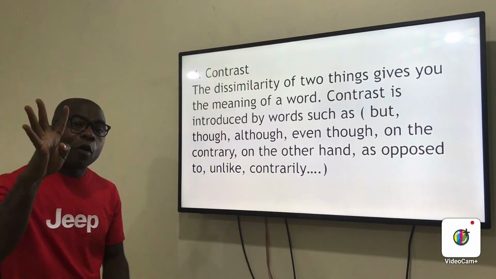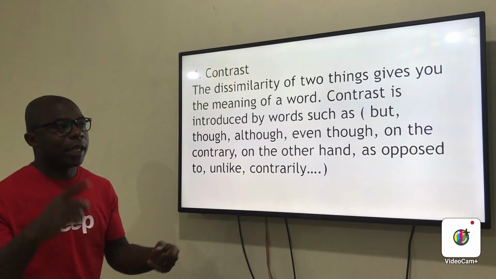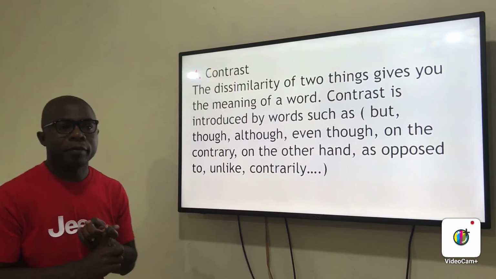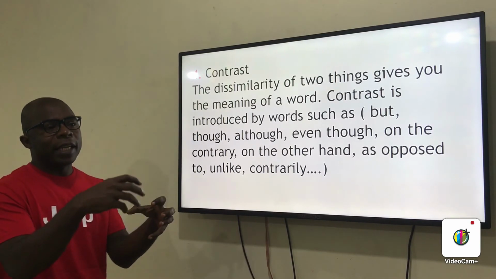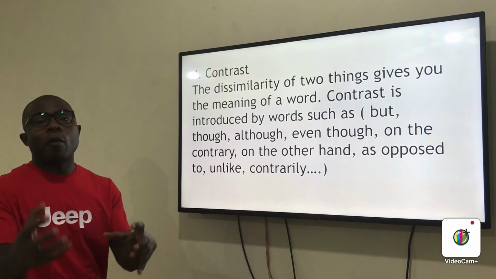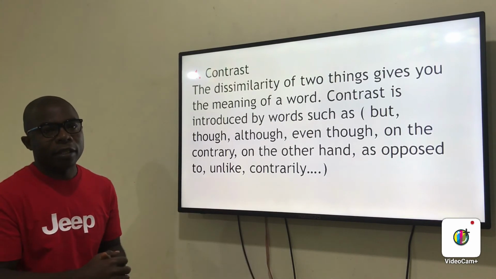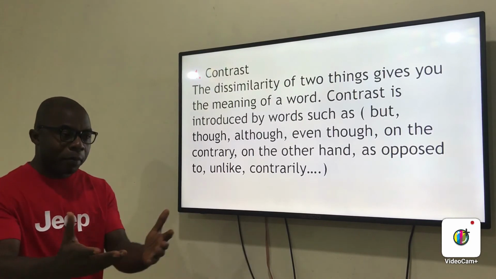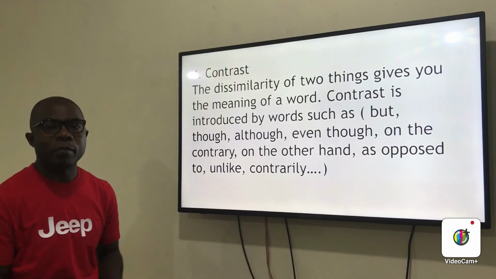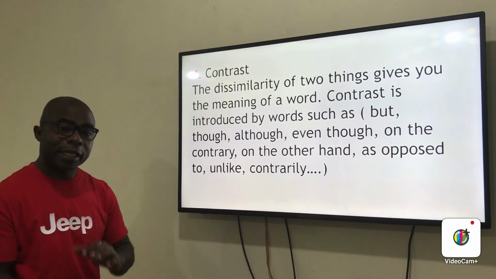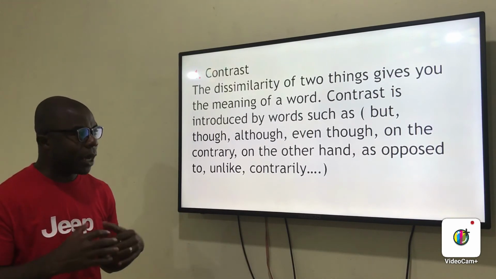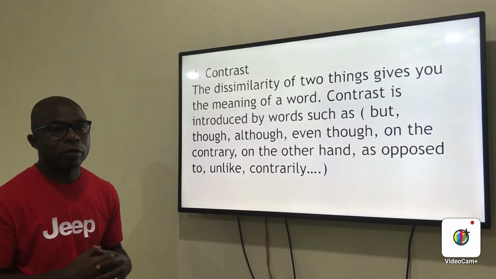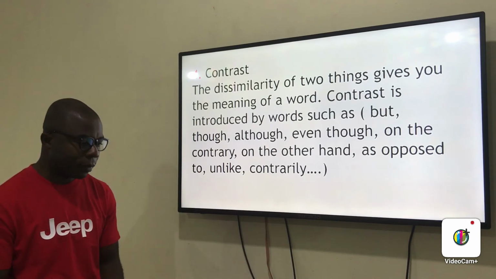We discussed four of these: restatement, where the concept of the word is re-given in another form so it can be clarified; the use of examples, which help you see that, oh, this is what the word means; the use of comparison; and finally the use of contrast. We've spoken about these four ways.